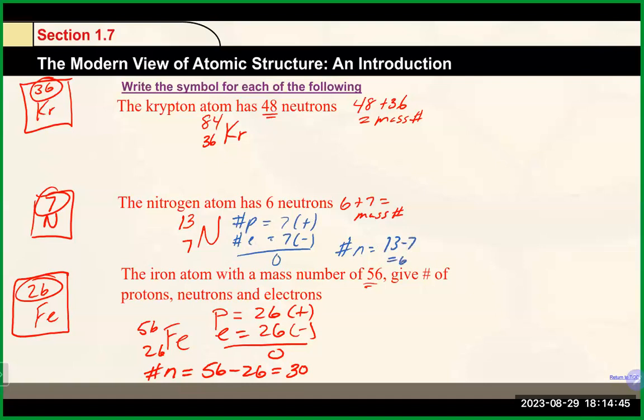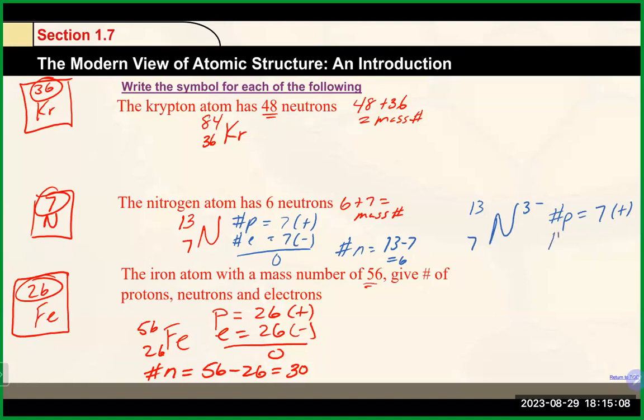So if we had a nitrogen that did have a charge, like a -3, the number of protons here would still be 7, right? It really won't change because it's still nitrogen, so we can't change it.